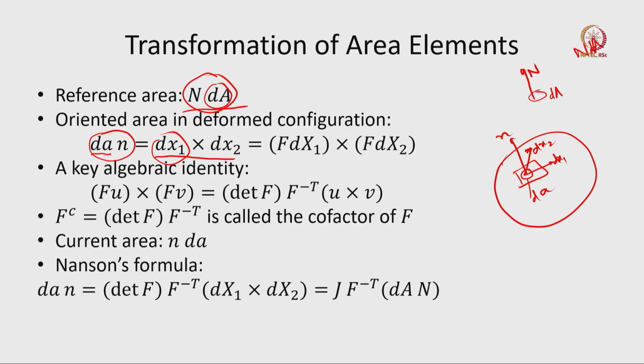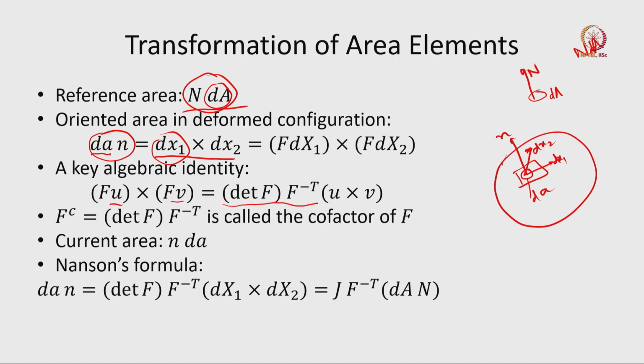Now, we use a key algebraic identity which is very easy to derive, but let us not do that right now. If time permits, I will come back to this. The identity is the following. For any two material vectors u and v, Fu cross Fv is given by the determinant of F times F inverse transpose applied to u cross v.